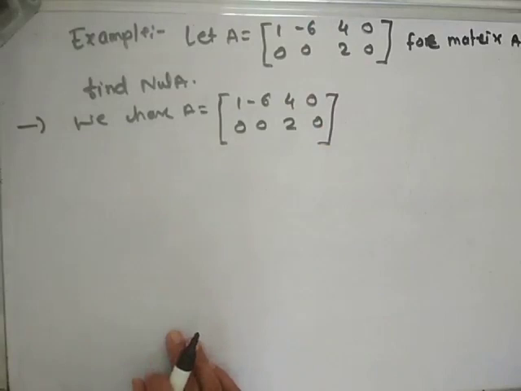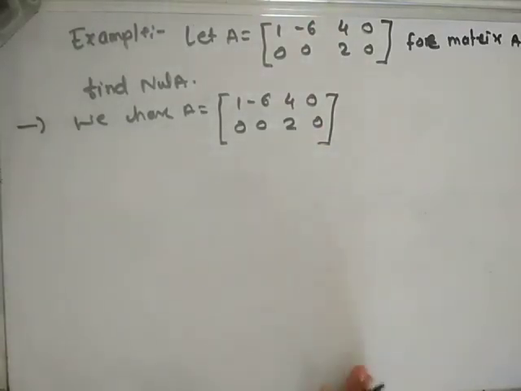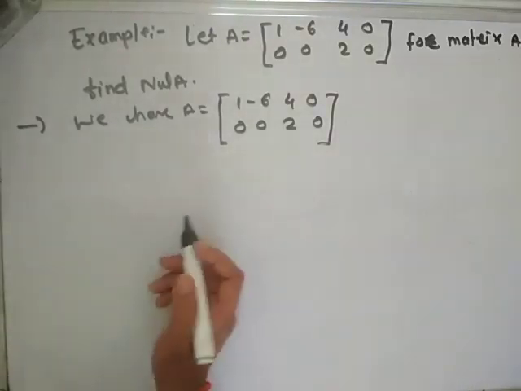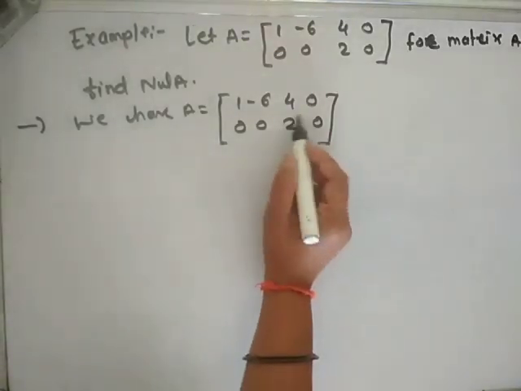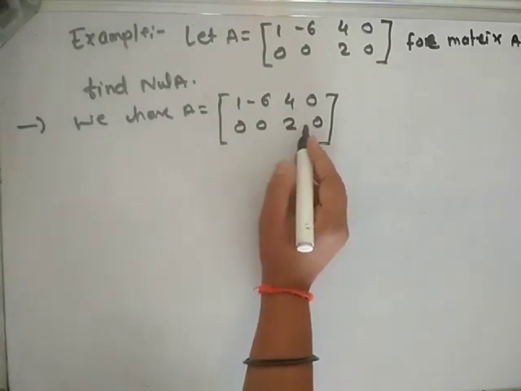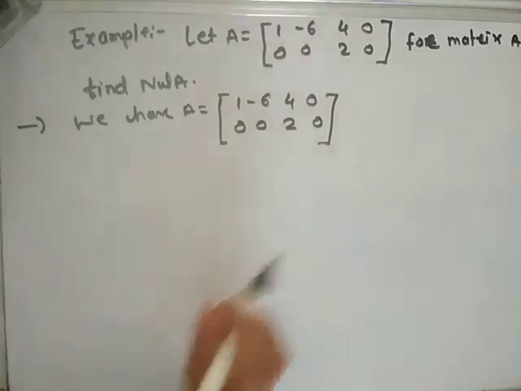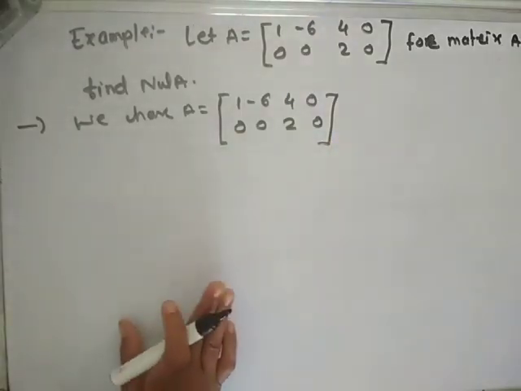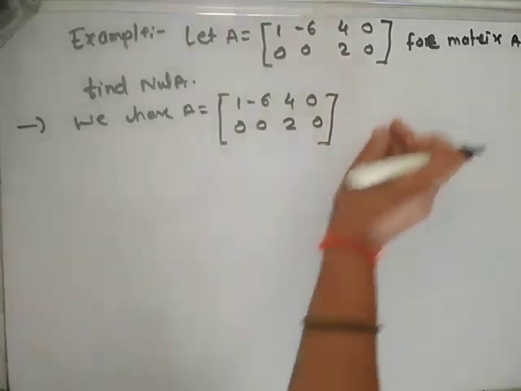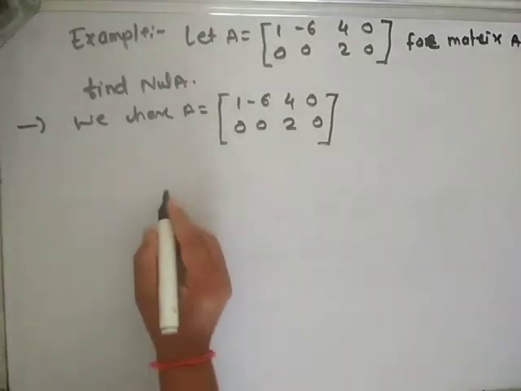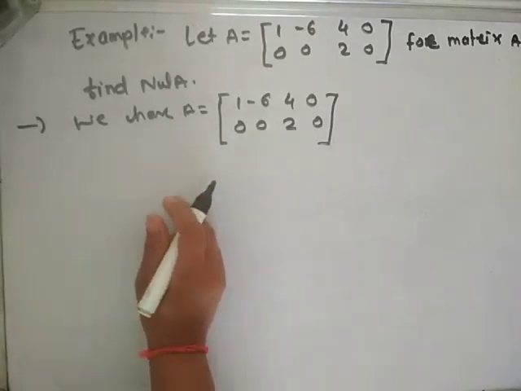Reduce this matrix A into row echelon form. Actually, this matrix given to you is an augmented matrix, so this matrix is equivalent.